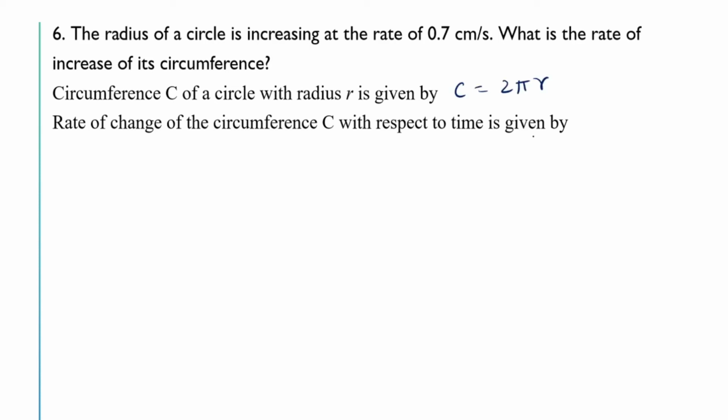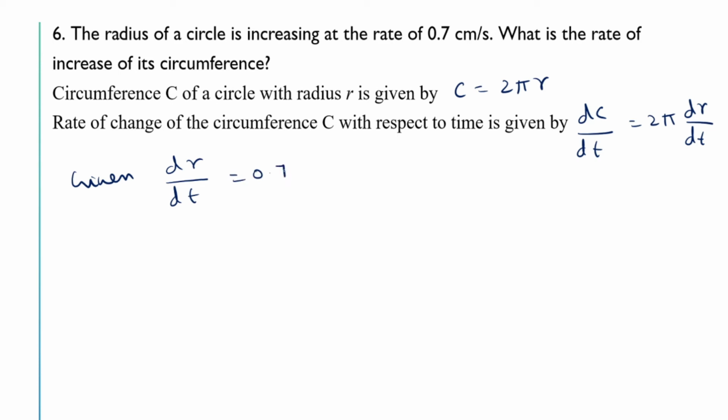Rate of change of circumference C with respect to time is given by dC by dt, which is equal to 2 pi into dr by dt. So it is given the radius of the circle is increasing at the rate of 0.7 centimeter per second. It means dr by dt is given as 0.7 centimeter per second.